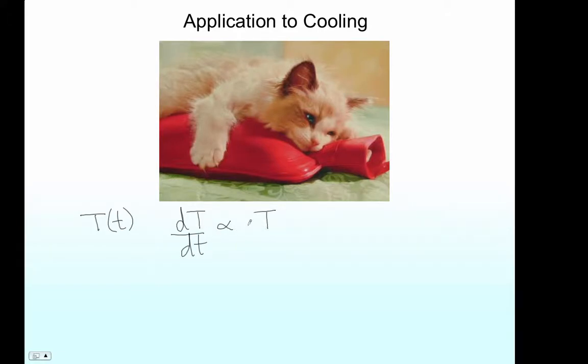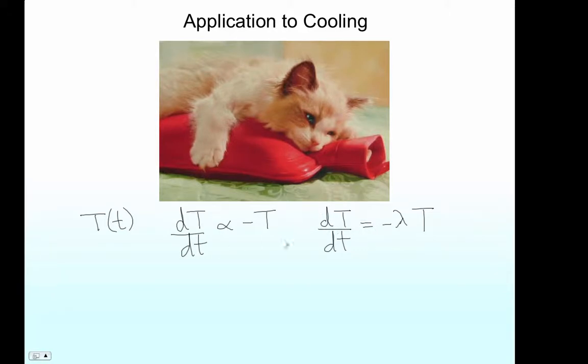But here, the rate of change of temperature is negative. In other words, the temperature is decreasing. And if we want to convert this into an equality, then again we write dT by dt equals minus some constant lambda times T. Of course, if lambda was exactly 0, then the temperature would never change with time. The bigger the value of lambda, the faster the hot water bottle will cool.